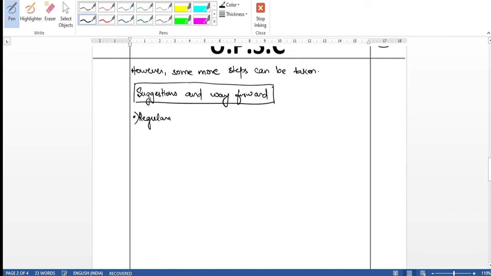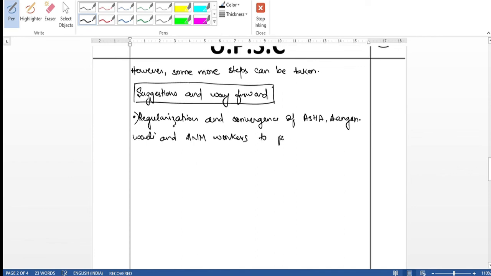Regularization and convergence of ASHA, Anganwadi, and ANM workers to promote population education.